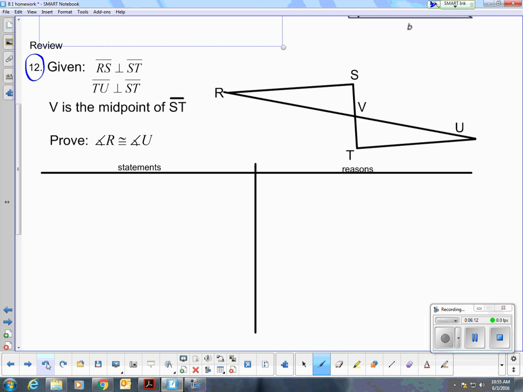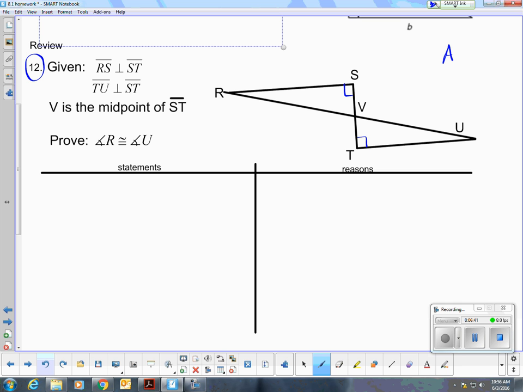So let's take a look at what we have in the given. Segment RS is perpendicular to ST. So if we have perpendicular segments, what we know is perpendicular lines form right angles. By the same token, segment TU is perpendicular to ST. So we have another pair of congruent angles, or we have one pair of congruent angles. So I'm going to write down an A for a pair of congruent angles.